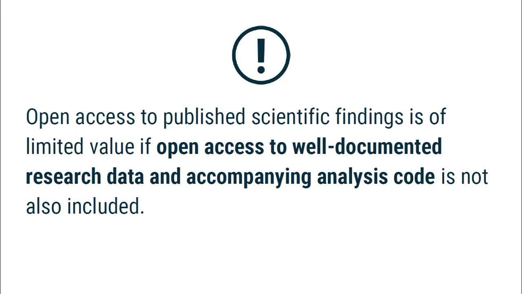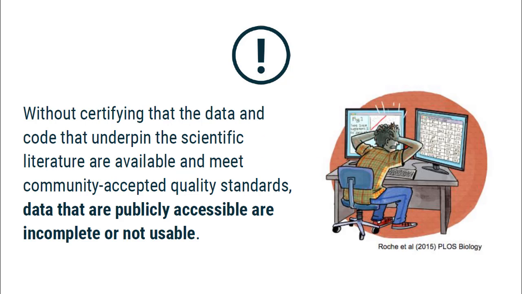So just to introduce the concept that I think we are all addressing today, open access to scientific findings is of limited value if there is not also access to well-documented research data and accompanying analysis code. And without certifying that the data and code that underpin the literature are not only available, but meet community-accepted quality standards, data that are accessible are incomplete or not usable.